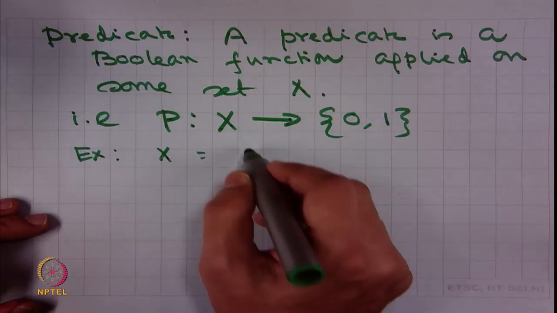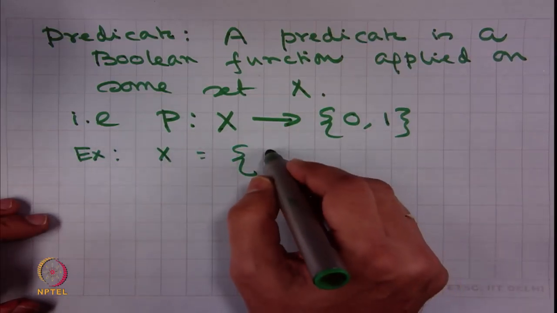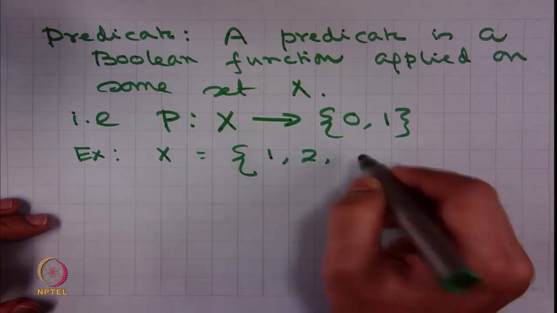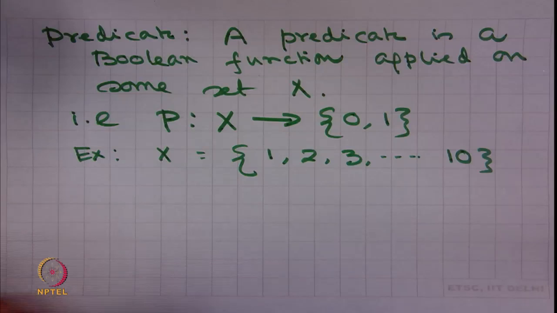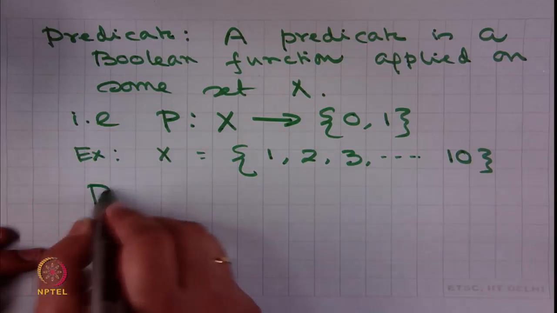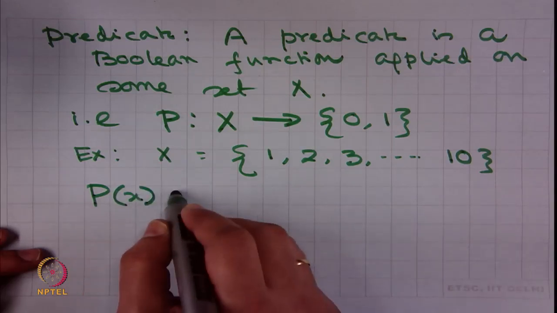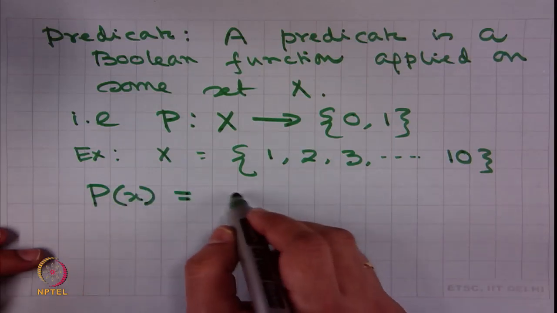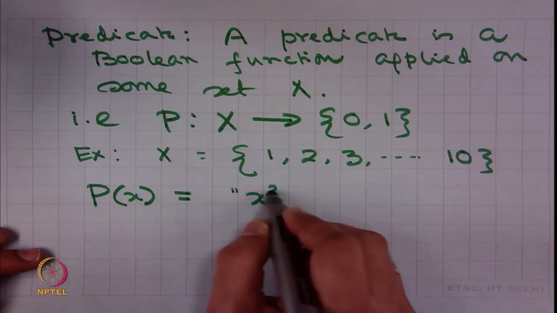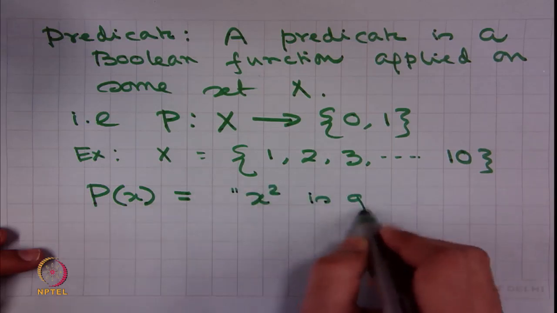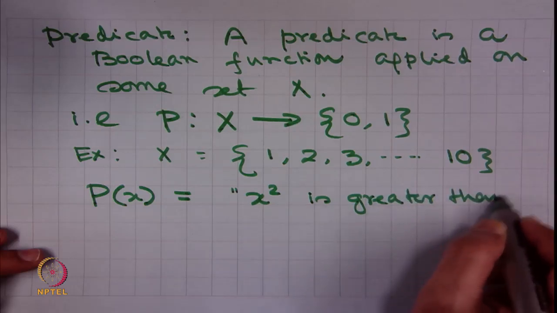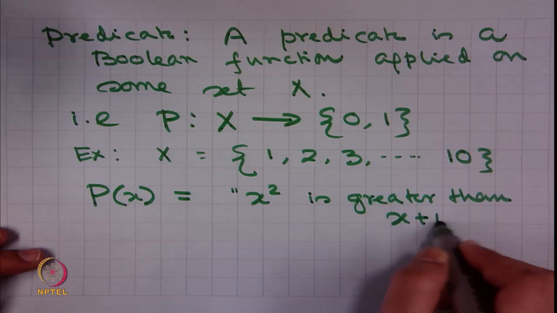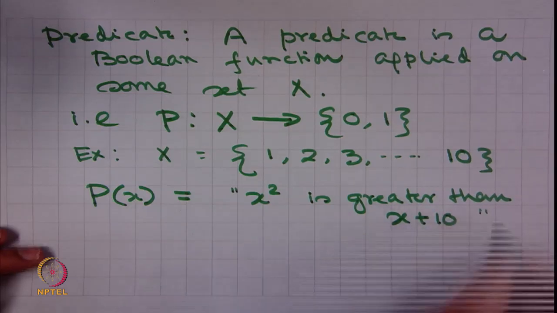Say for example, X is equal to the set of numbers 1, 2, 3 up to 10, and suppose the predicate P of x is equal to x square is greater than x plus 10.